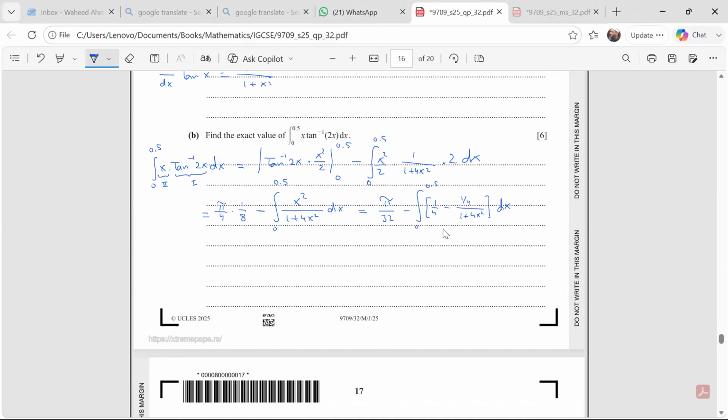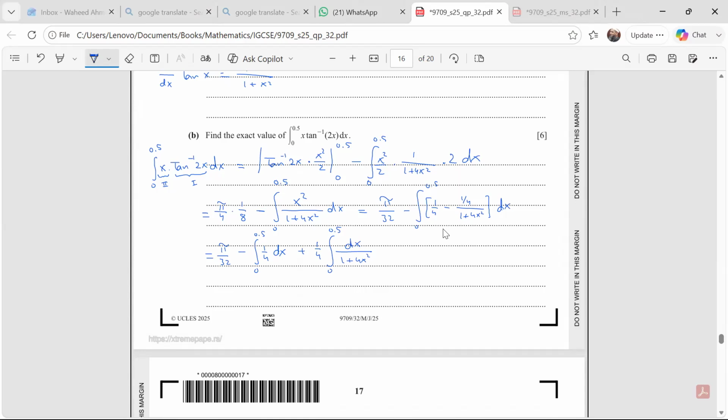I just substituted this part with the result from part A. So pi over 32 minus, I can split it: the integral of 1 by 4 dx from 0 to 0.5, and minus minus plus, 1 by 4 I can take outside, dx over 1 plus 4x squared from 0 to 0.5.